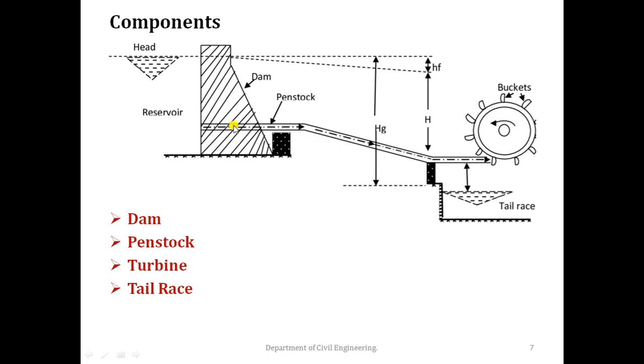As water is carried to the hydroelectric power plant in the penstock, the water transfers its energy to the turbine and the turbine is set into rotation. Once the water has worked over the turbine, it goes to the tail race, a channel which carries water away from the turbine.